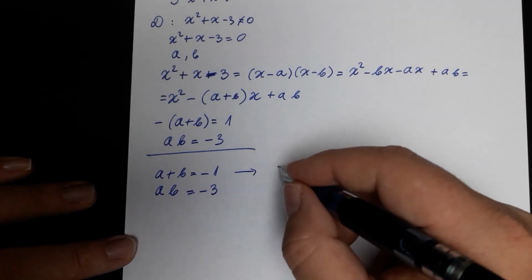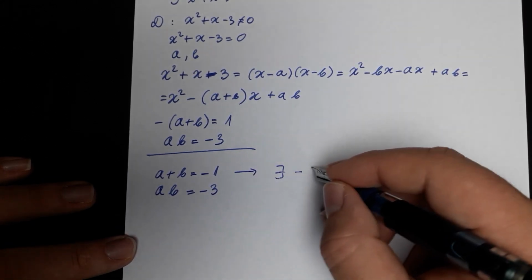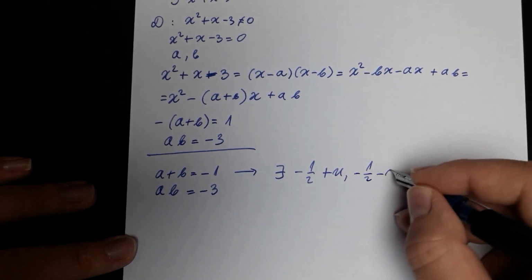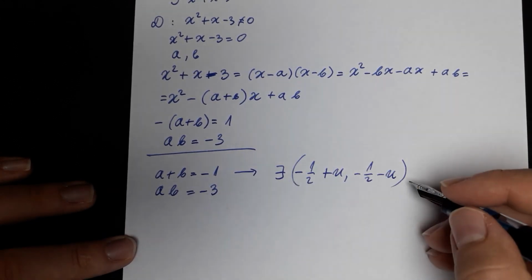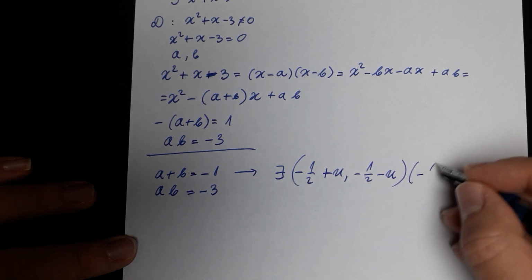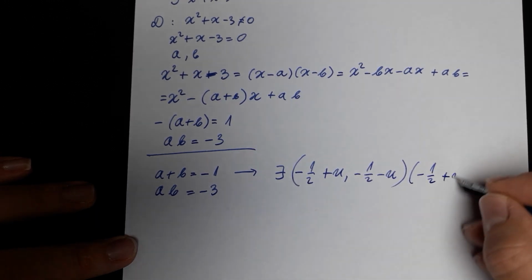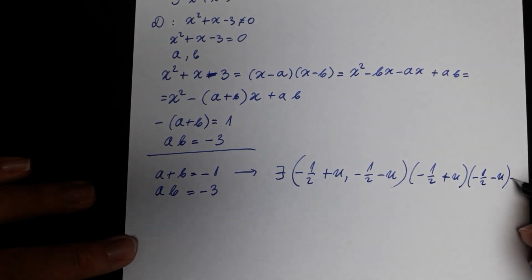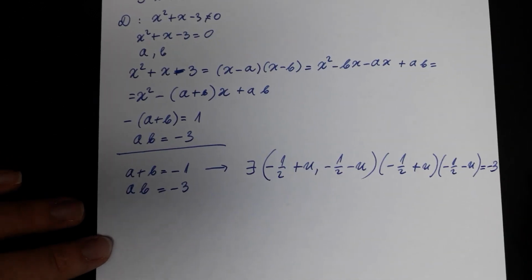Well, that means that there exist negative 1/2 plus u and negative 1/2 minus u, such that negative 1/2 plus u times negative 1/2 minus u is equal to negative 3.